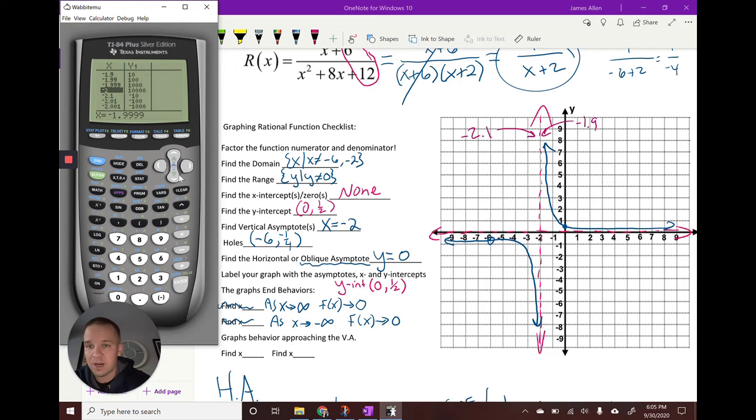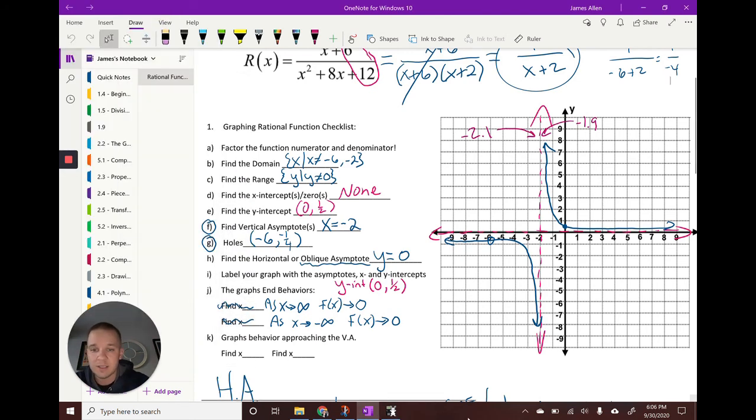And then over here, as I approach from the left, those numbers are getting really, really negative, right? Large negative numbers. And I'm approaching negative infinity. Okay, so that table of values can show us that, and we can keep on plugging in there and you'll keep seeing the numbers get larger and larger for our output values.